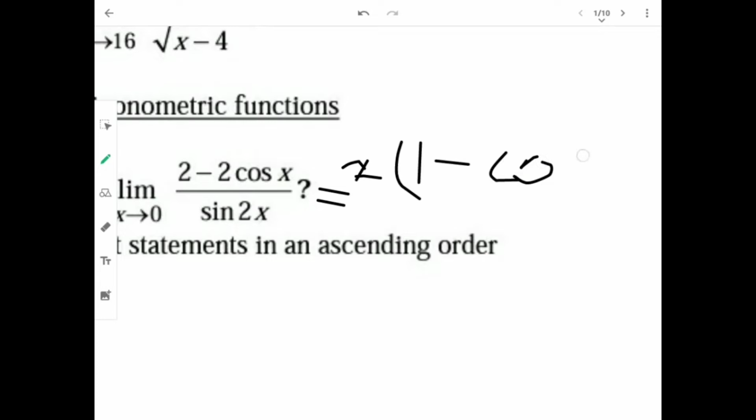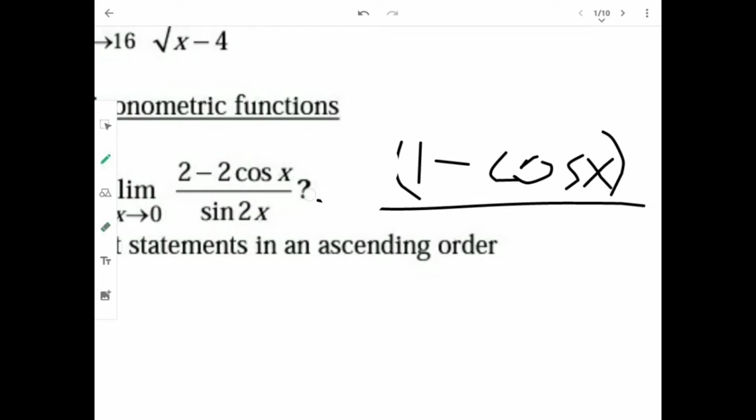So you just distribute the 2 outside. Let me make that clearer. Okay, now remember, in written exams, always remember to put the limit if you haven't simplified it yet.